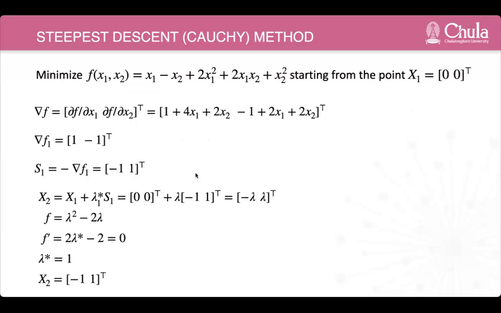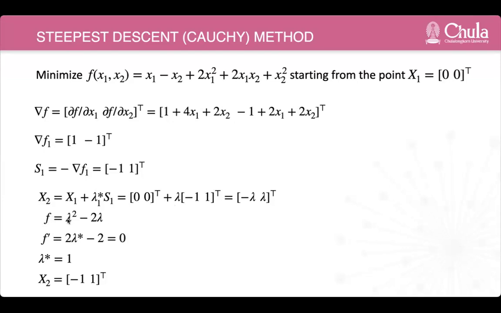For example, we take the same example. We start from the same point, 0, 0. We find the derivative, and of course, the direction is minus the derivative. The derivative at this point is 1, minus 1, so the direction is minus 1, 1. Then you substitute and rearrange the equation again.